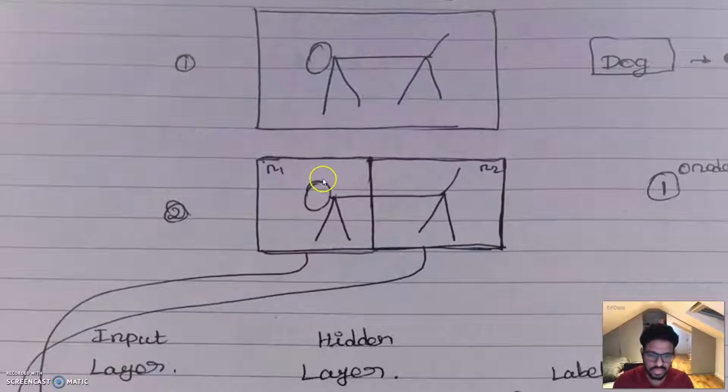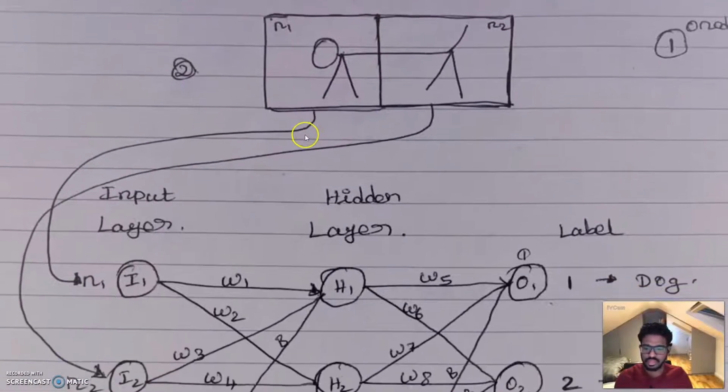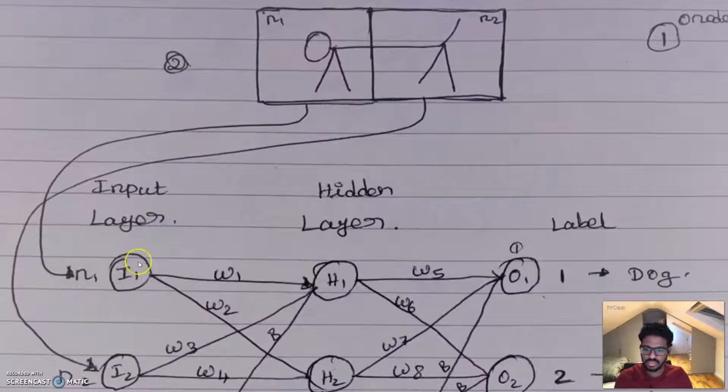But here, for the sake of simplicity, we are just splitting it into two, the left side and the right side, and these two input values will be passed into the input layer. Let's suppose that n1 contains 0.5 and n2 contains 0.2. Okay, so we are going to pass this value in here.